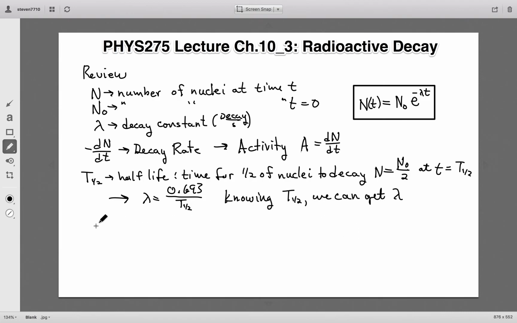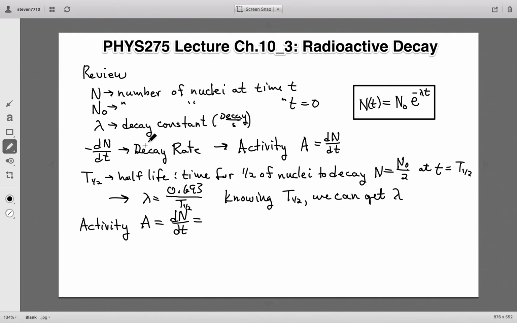If you take a look at the activity, just its definition as the absolute value of the decay rate, it's dN/dt.